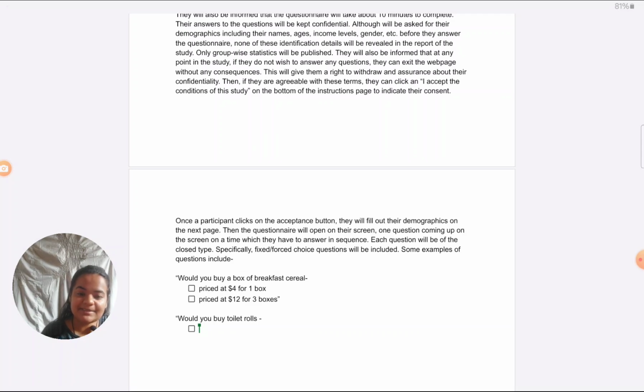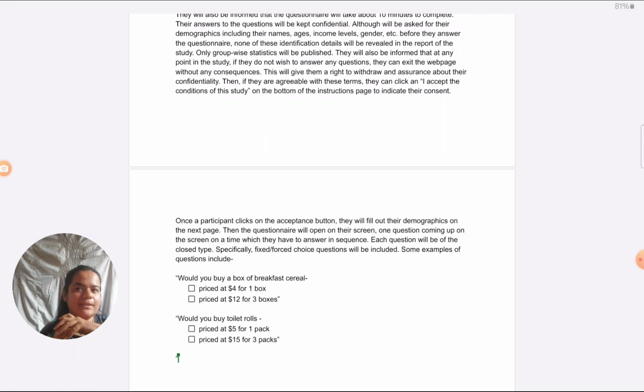So let's say priced at $5 for a pack, or priced at $15 for 3 packs. You can include any currency. If you're not familiar with dollars, you can include the currency of your nation. That's fine. They're not going to deduct marks for those.